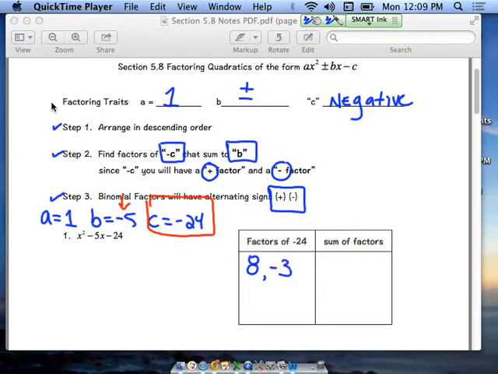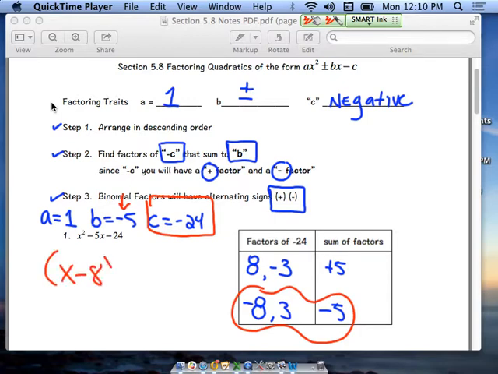Positive 8 times negative 3 does give you negative 24, but when I add those two numbers together, I get positive 5. So if I reverse the signs and let 8 be negative and 3 be positive, when I add those two numbers together, I get negative 5. So that means that I'm looking at the combination of negative 8, positive 3, and my factors become x minus 8 times x plus 3.